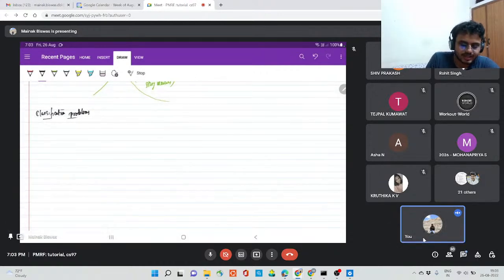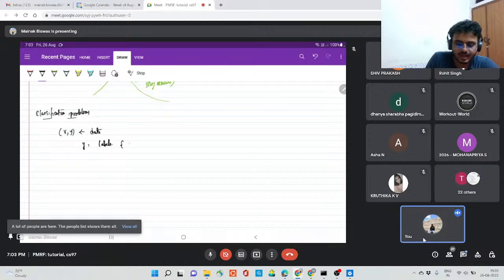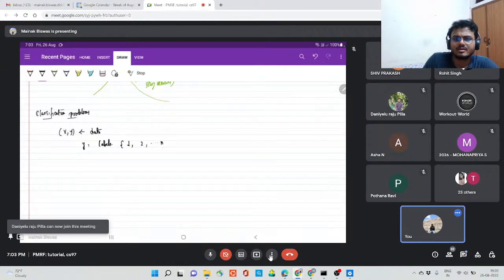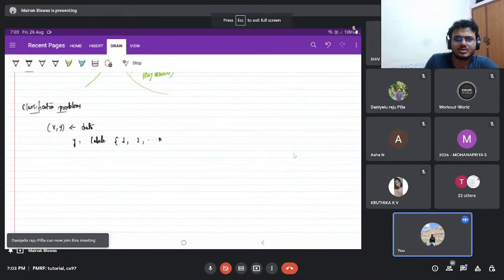Given your data, you will be given x comma y as your data, where y will be labels, say from n labels between 1 to n. So we have n labels from 1 through n.